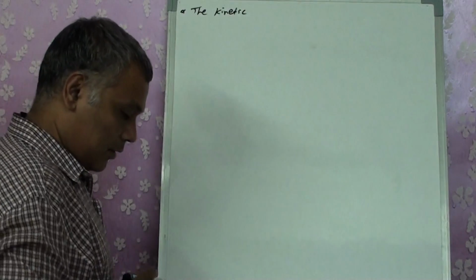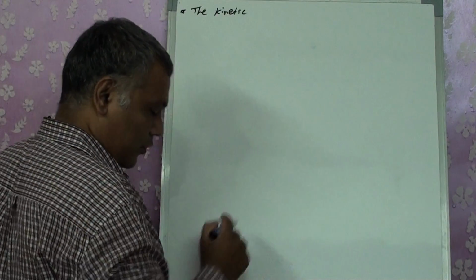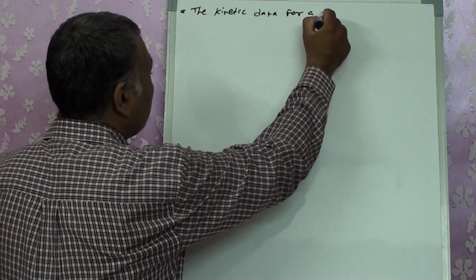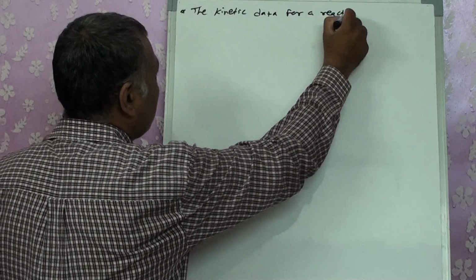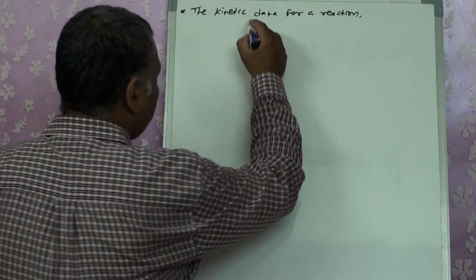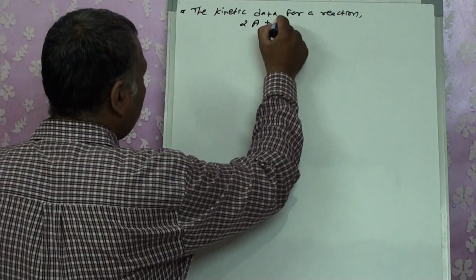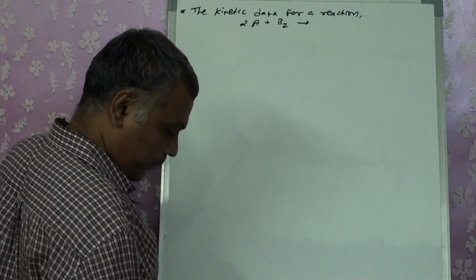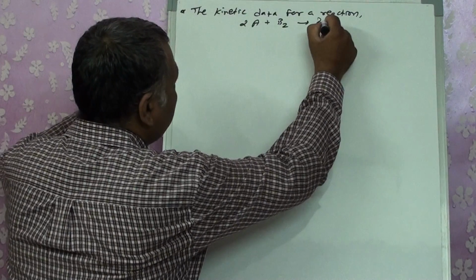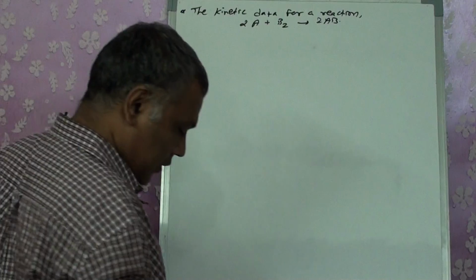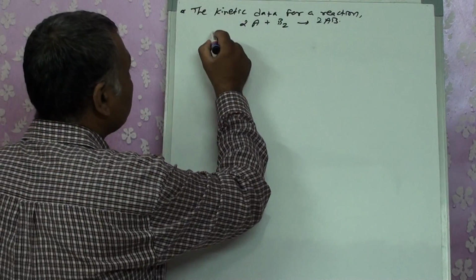The kinetic data of a reaction. The reaction is given to us: 2A plus B2 gets converted into 2AB. The data is given to us.